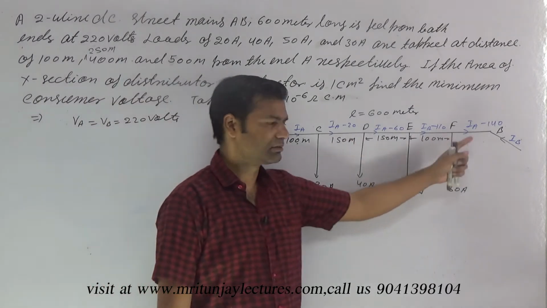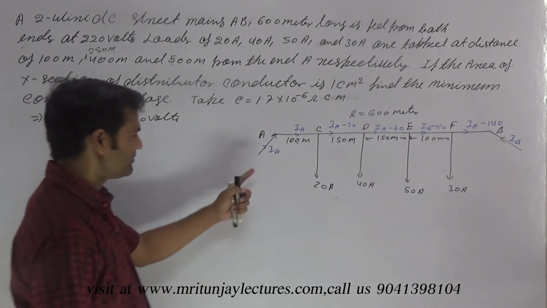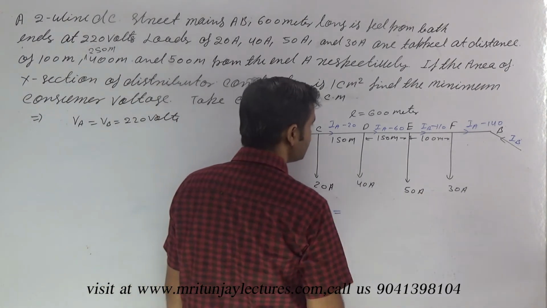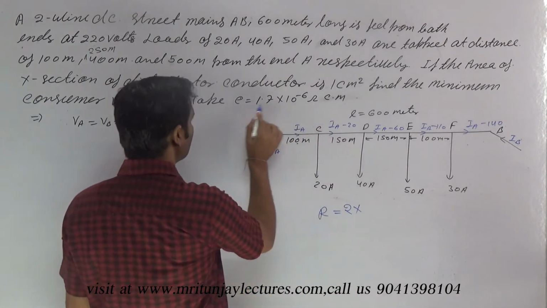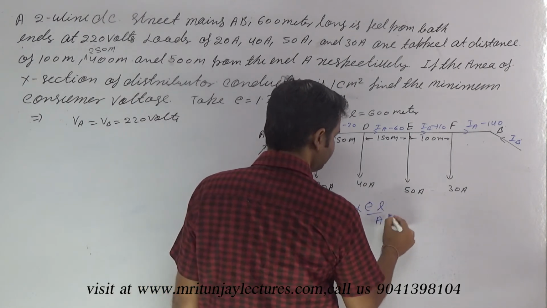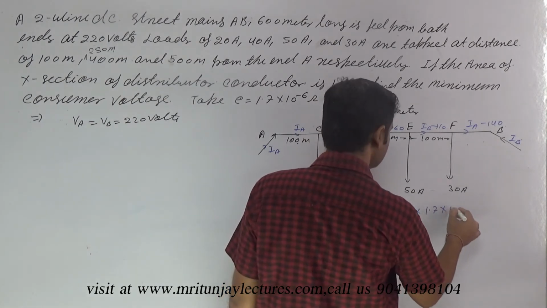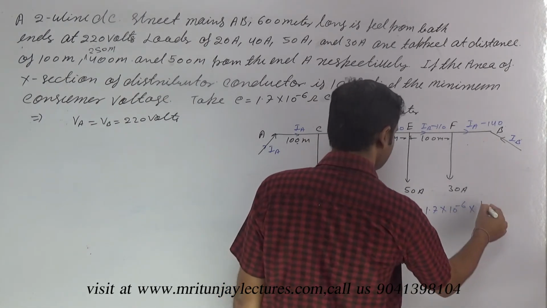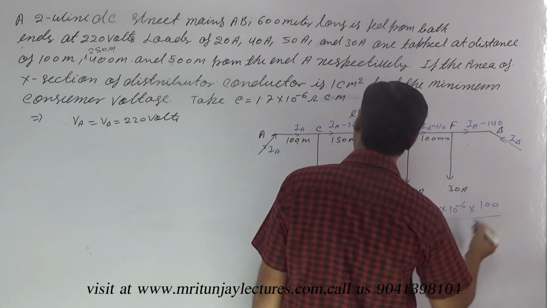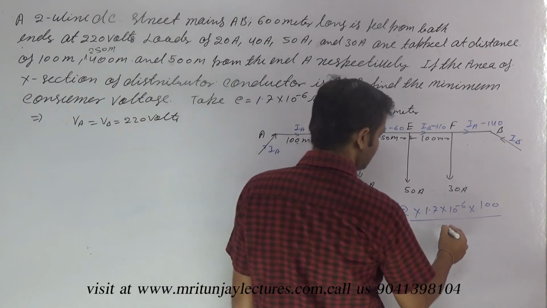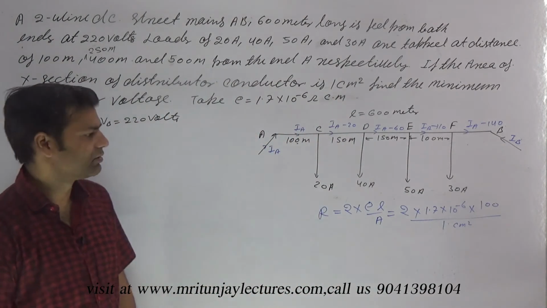Okay, now next one, our motto: determine resistance. It is a 2-wire DC system, that's why we multiply by 2: 2 into rho L by A, 2 into 1.7 into 10 to power minus 6, into L of 1 meter, which is 100 centimeter, because everything is given in centimeters, and the area is also given as 1 centimeter square.